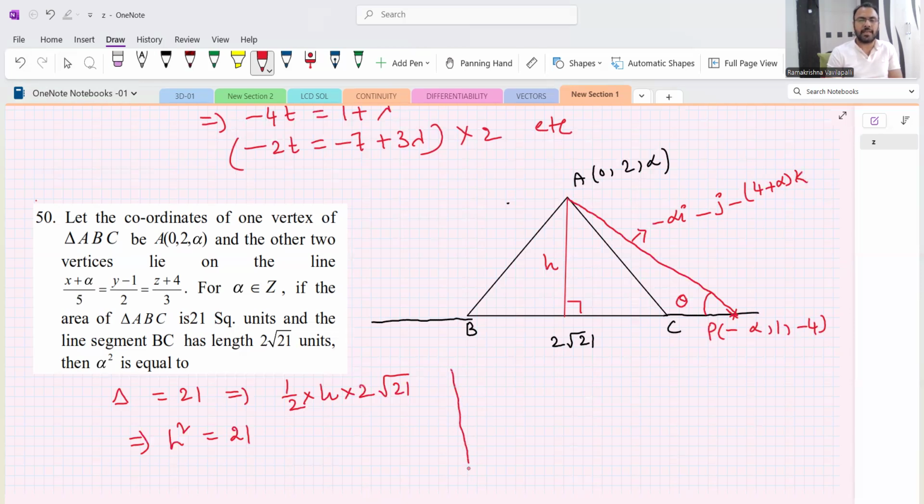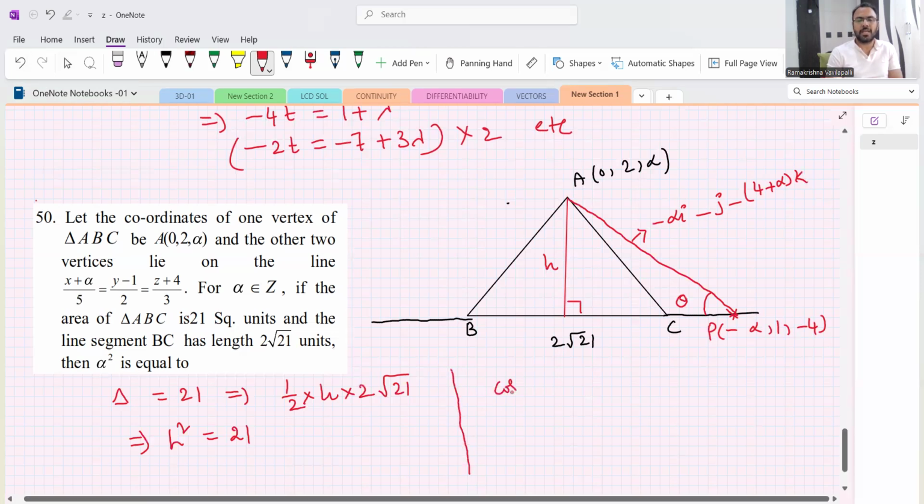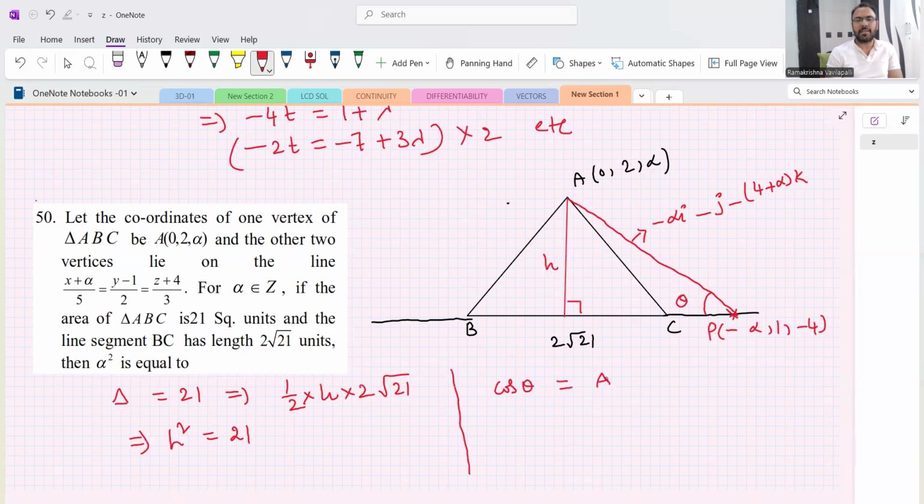So here I can write that cos theta is equal to AP bar vector dot (5i plus 2j plus 3k), the DRS of the line, whole by modulus of AP bar vector times modulus of 5i plus 2j plus 3k.